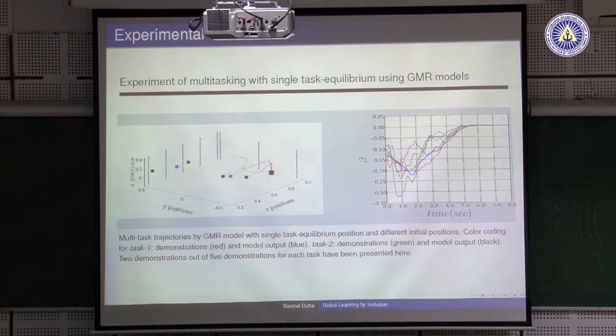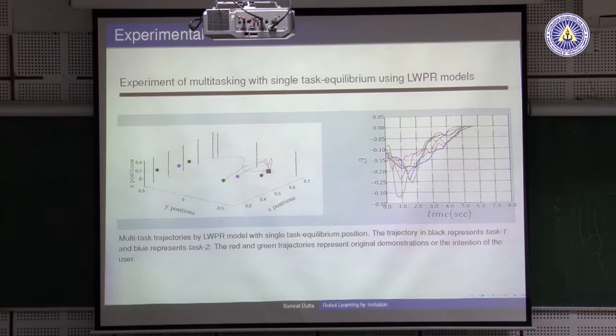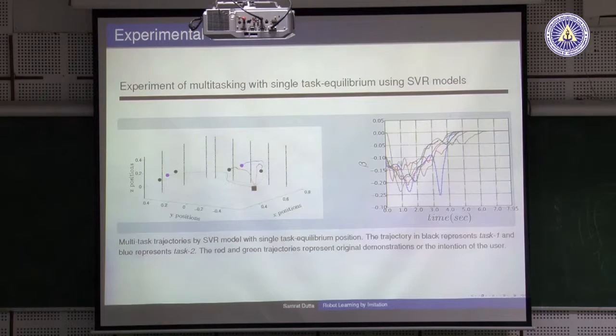Where the equilibrium point is, that is basically multitask, single equilibrium trajectory, and the previous one was with the GMR based model. So, that is with LWPR, and this one is with SVR, support vector regression. Okay.